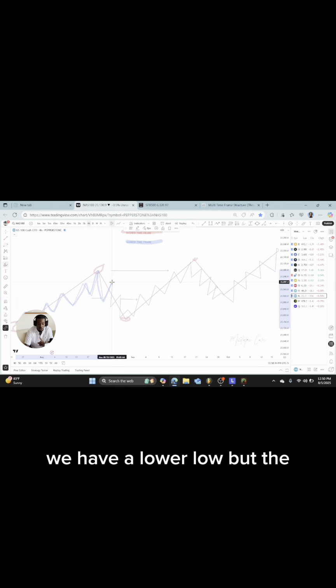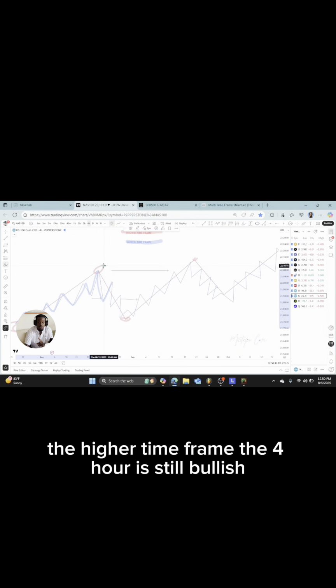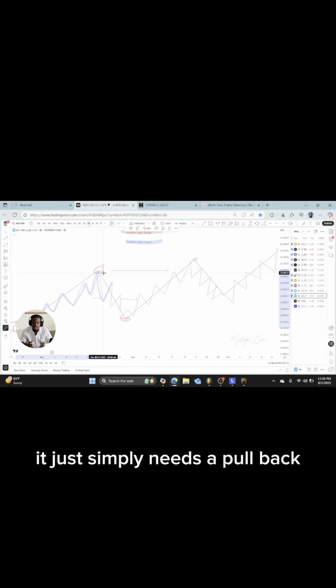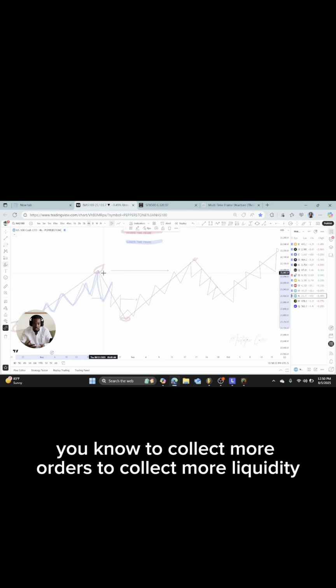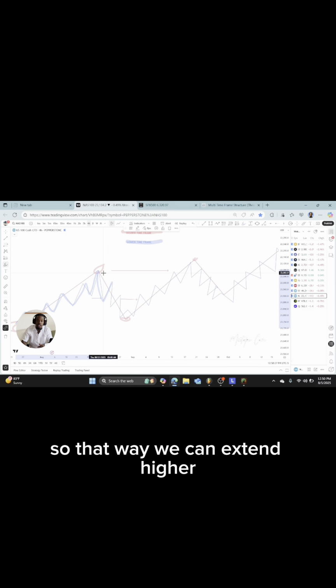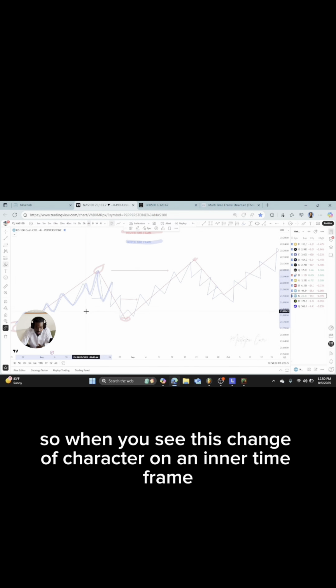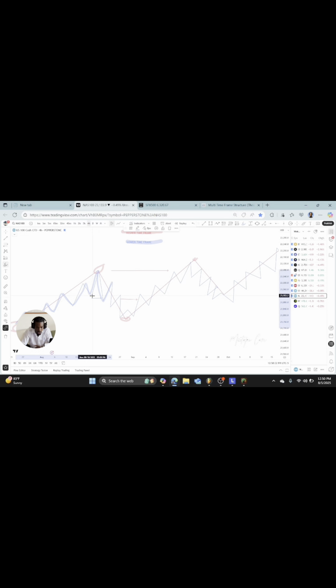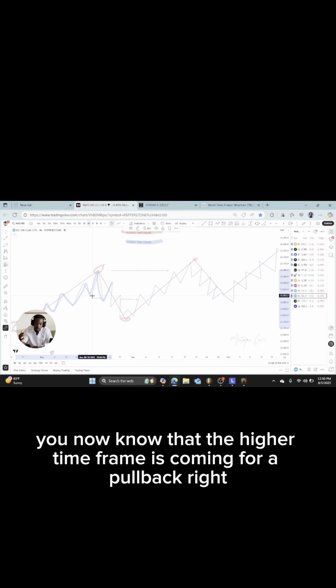But the higher time frame, the 4 hour, is still bullish. It just simply needs a pullback, to collect more orders, to collect more liquidity, so that way we can extend higher. So when you see this change of character on an inner time frame, you now know that the higher time frame is coming for a pullback, right?